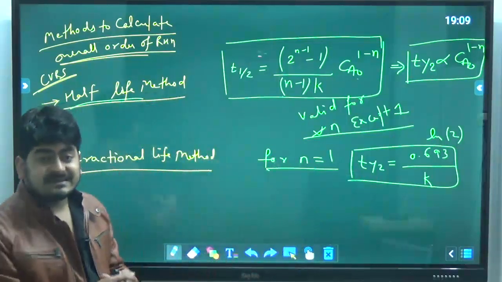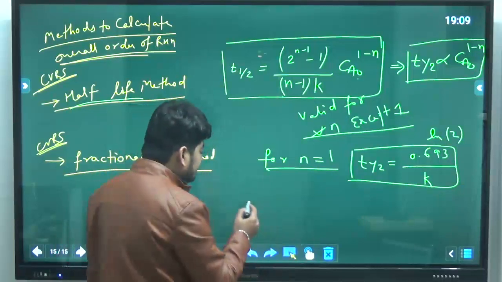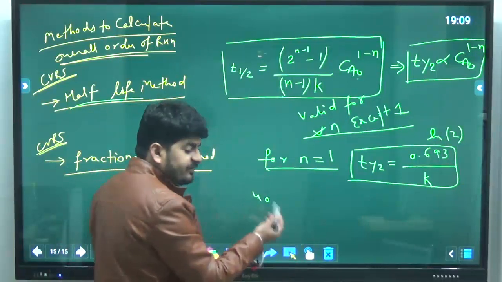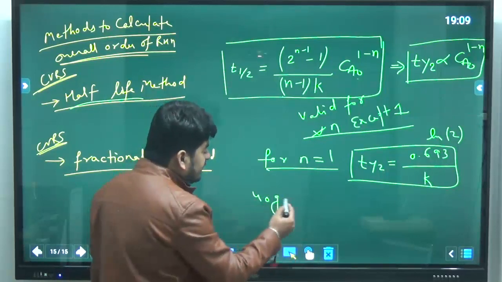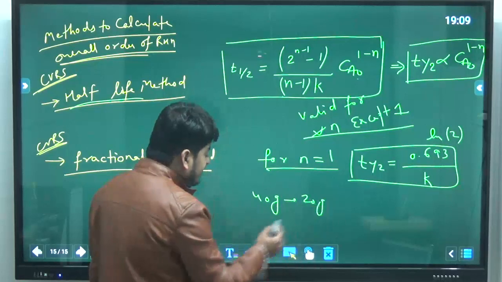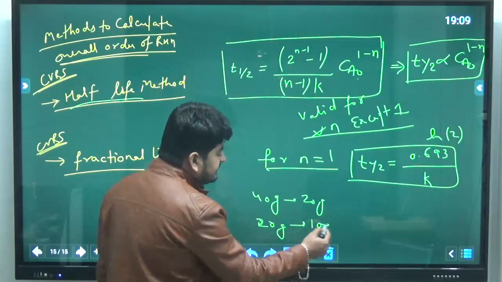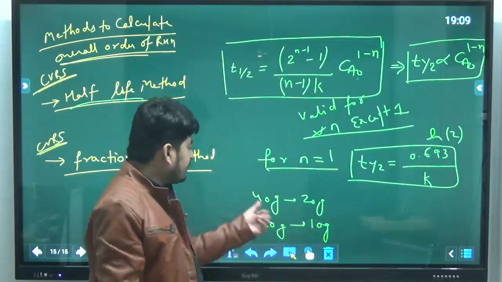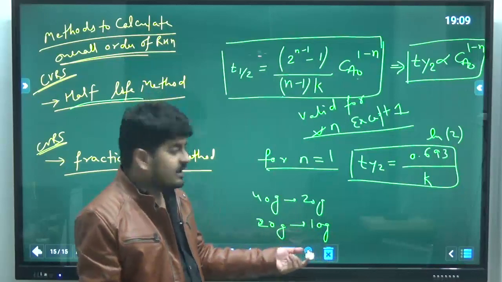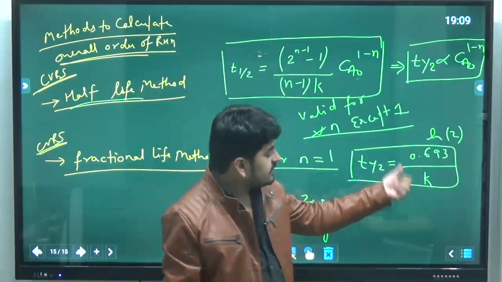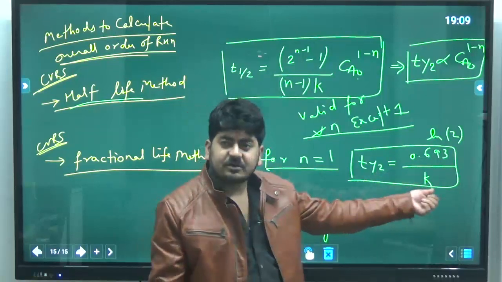That is the reason, as you have seen in physics as well, in your 11th, 12th or chemistry, whatever subject, the time required to reduce a radioactive component from 40 gram to 20 gram, and then from 20 gram to 10 gram, is the same. 40 to 20 means 50%, 20 to 10 means 50%. If the conversion is the same, you can see Ca naught is not there, so t half is a function of temperature only.